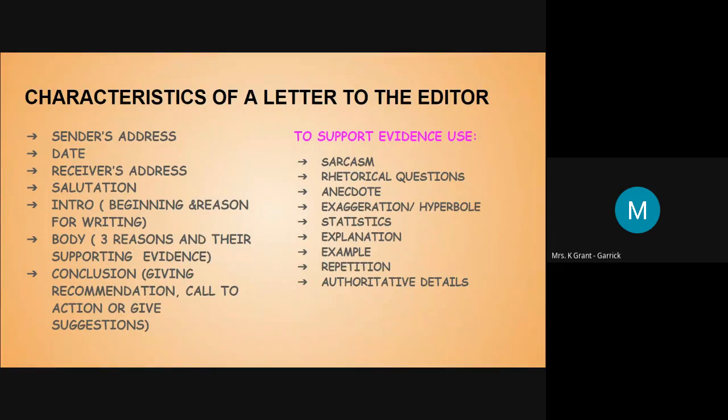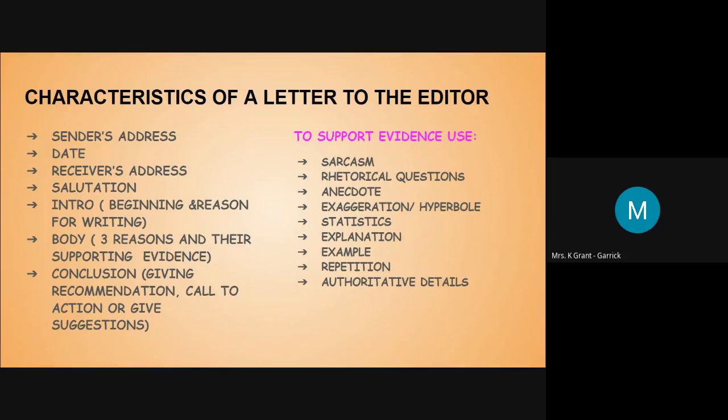Now, another choice that you might be asked to write on, of course, is the editorial. And again, the only difference here would be when you zoom in on putting in your sender's address, your date, and of course the receiver's address will be something that says which editor, which magazine or newspaper company that you're sending this information to, and your salutation should say or can say, dear sir, or the editor, or dear editor, sir, right?